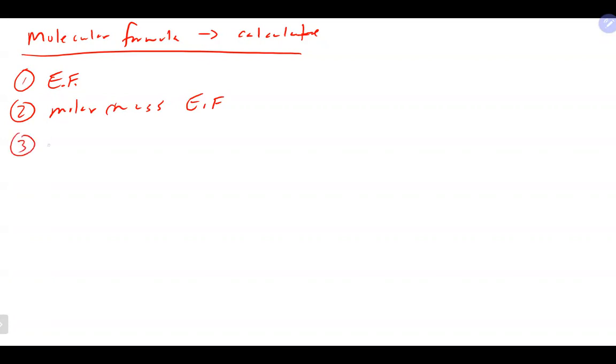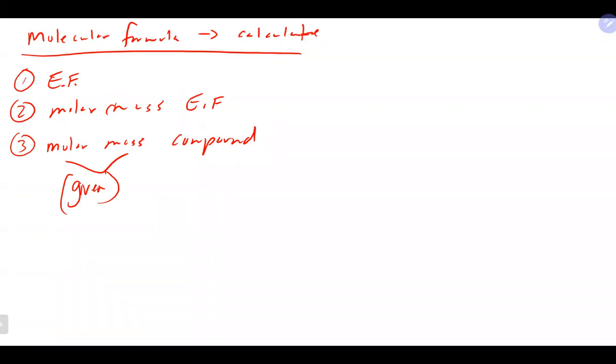And lastly, you need the molar mass of the compound, or the approximate molar mass of the compound. That is usually given to you in the problem. Somewhere they'll say the approximate molar mass of the compound is this, or molar mass of the compound is that.